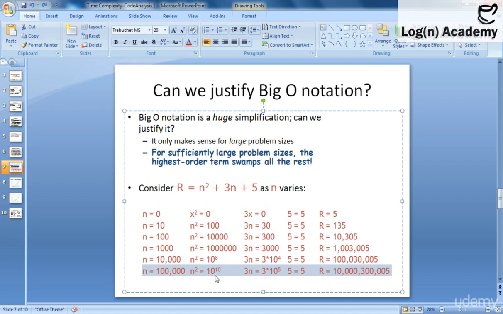So the value of n square is 10 raised to power 10 and the value of 3n is 3 multiplied by 10 raised to power 5, which you can say is negligible. So as the value of n gets larger, the highest order term becomes dominant, and we consider the highest order term in order to find the complexity of the code, right? So if we could reduce this n square to n, then the complexity will decrease, and the code will perform better.